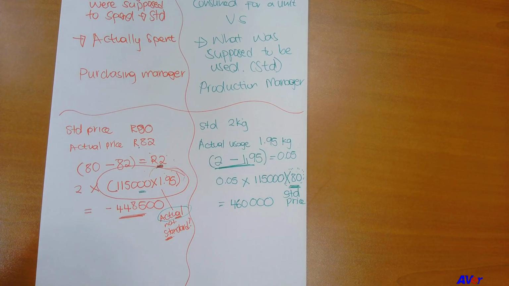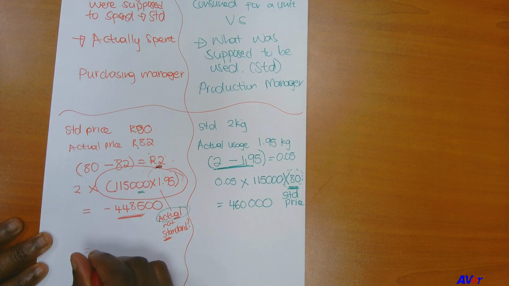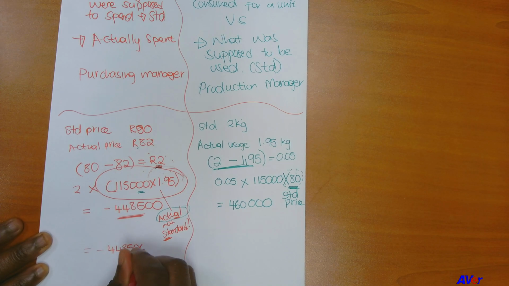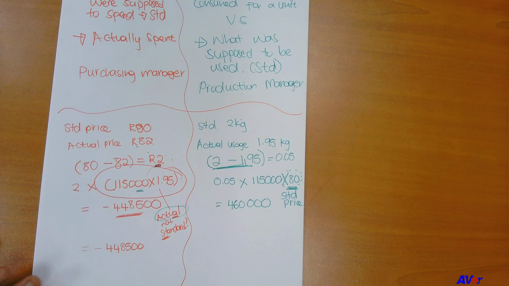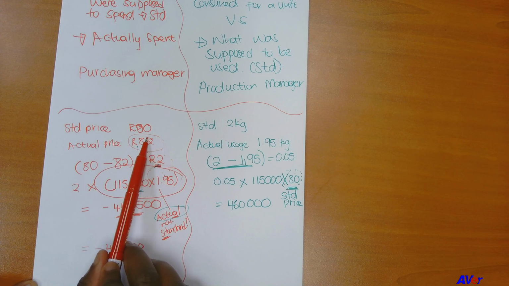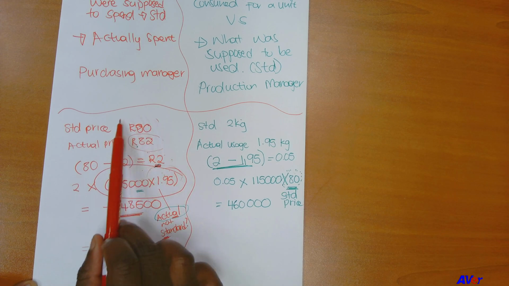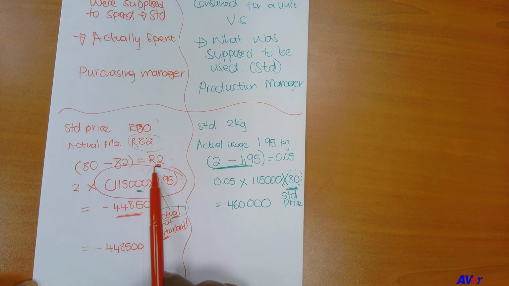Now, just for completion purposes, if I say my variance is, like I did here, 448,500, like this, it is incorrect because I haven't said whether my variance is favorable or it is unfavorable. So we spent 82 rand. We were only supposed to spend 80 rand. We were over with 2 rands.